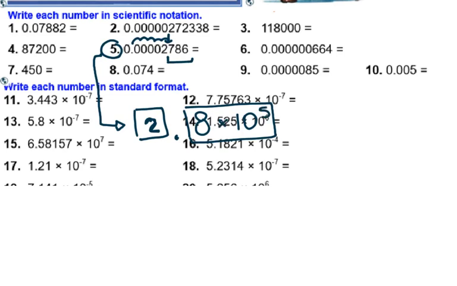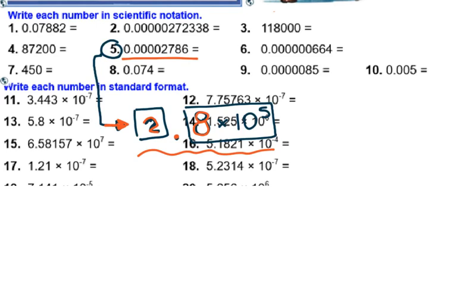Now I just have to think about whether it is 10 to the positive 5th or 10 to the negative 5th. So if I look at my question right here, I made my number bigger. I made the number 2.8, which is bigger than my original number. So I have to make it smaller. When I write my number, I have to specify this is not as big a number as it actually was.